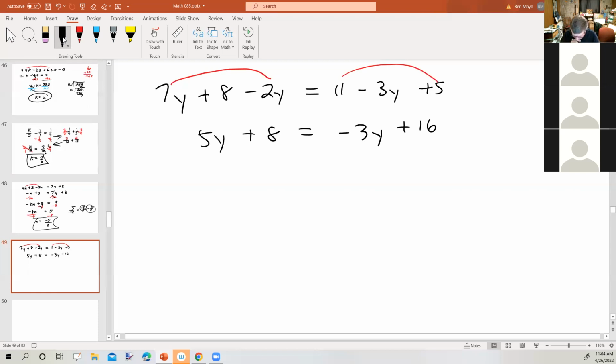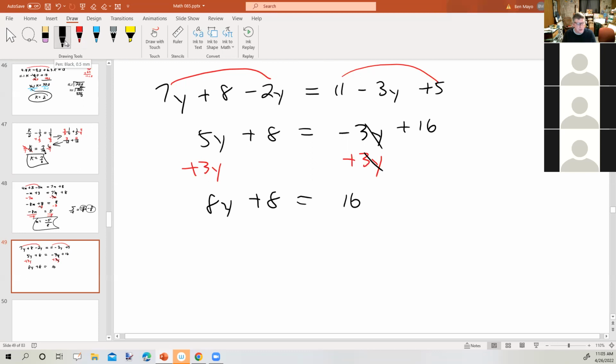Okay, so now I've simplified both sides of the equation. I'm going to put the variable terms all on the left. So I need to get rid of the one on the right. I do that by adding 3y to the right side. But whatever I do to the right side, I have to do to the left side as well. So now I've got 8y plus 8 equals 16.